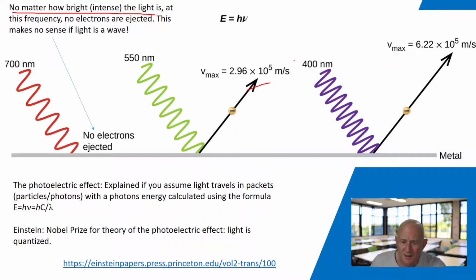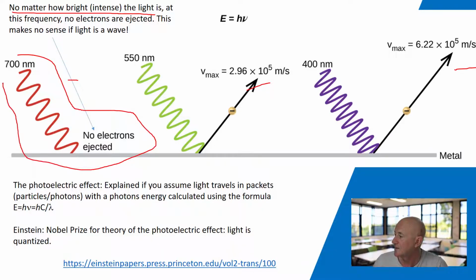So look at this, and this is shown time after time in experiments. Here we've got a case where at this particular wavelength, 700 nanometers, no electrons are ejected. It doesn't matter how big the wave is, you can't push the electrons off. Now, that's nuts.